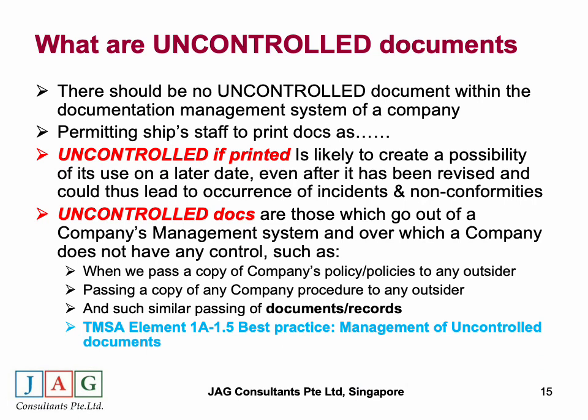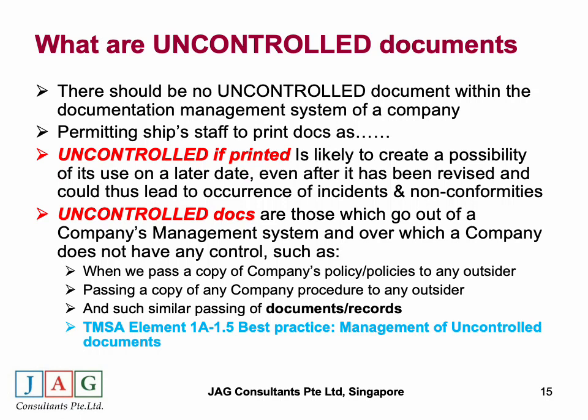In fact, in the TMSA 2017 version, element 1A 1.5, they list a best practice of management of uncontrolled documents. The requirement itself is incorrect. I communicated my point of view to the OCIMF, and they do acknowledge that there isn't anything like an uncontrolled document, and they also acknowledge the risks associated with using an uncontrolled document.